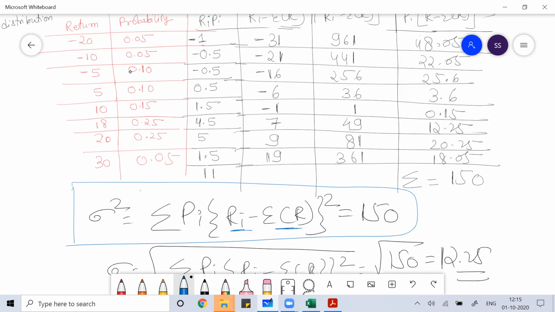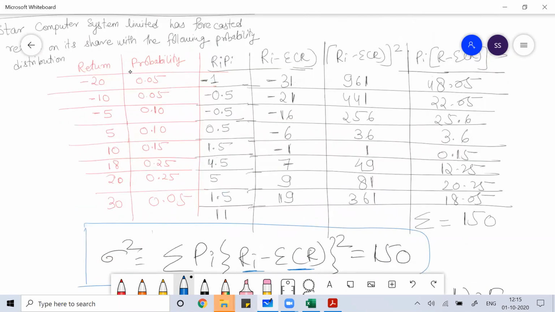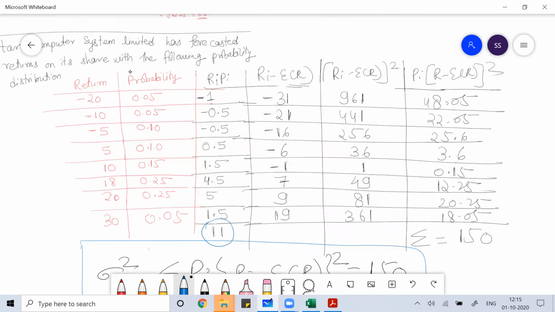ER is the expected return, which you get by this formula. Whatever is your R, you multiply with probability, so you get R into P, and you do the sum of that. So you get the expected return.